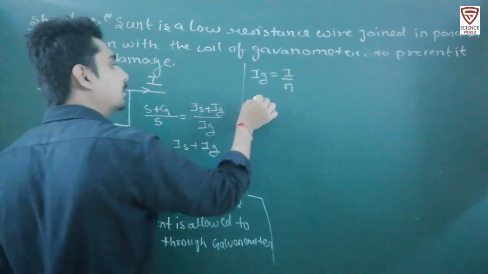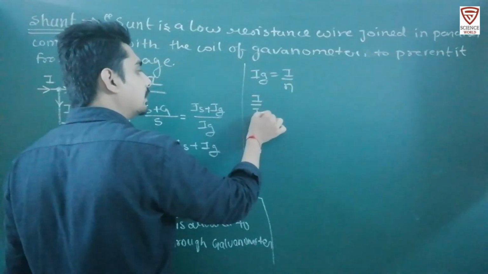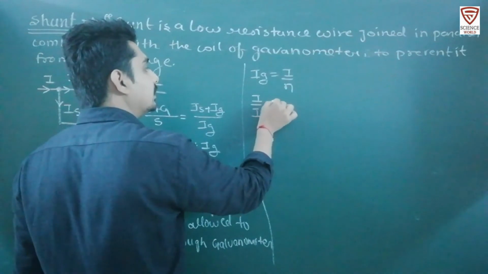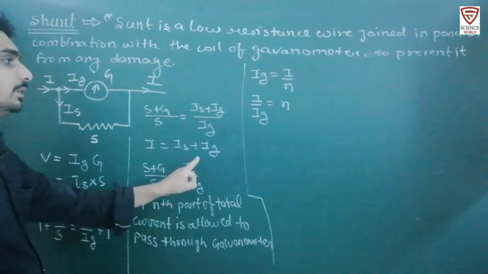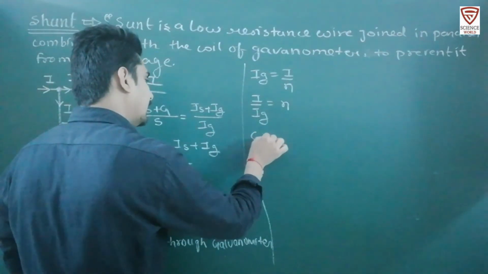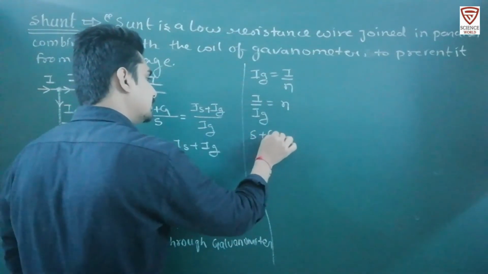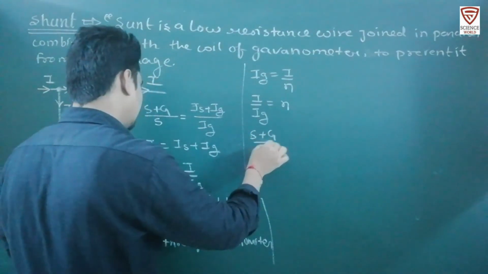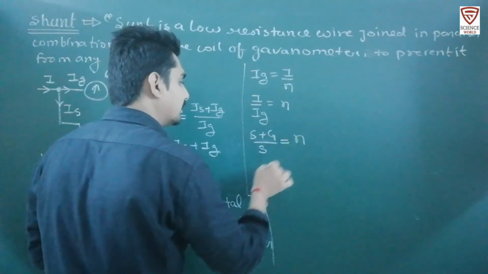So I upon Ig is equals to n, and we will put that value here. So we will find S plus G upon S is equals to n.